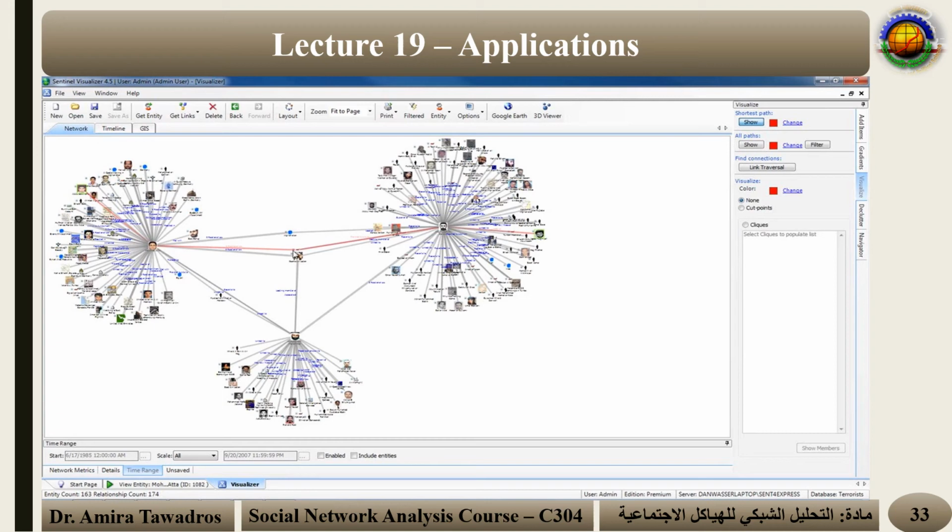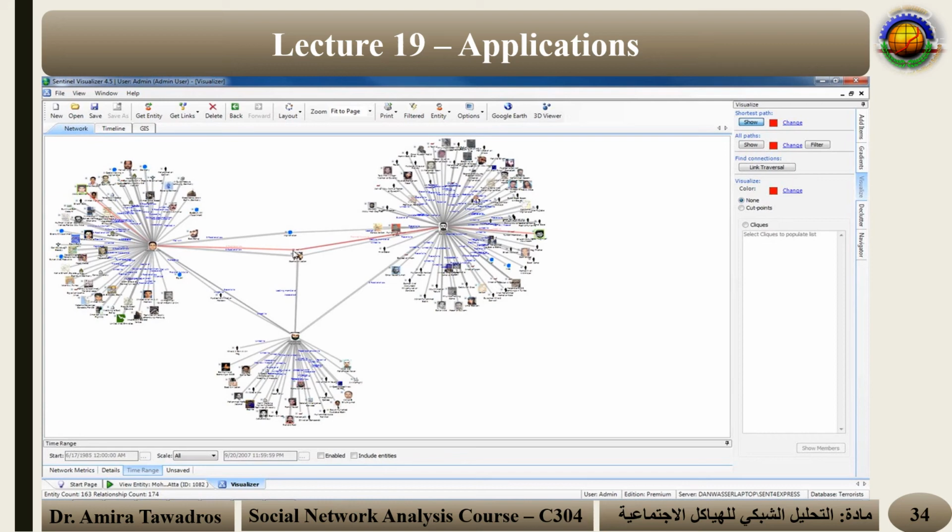If I choose a node here at the left hand side and another node at the other side of the network, and click on the shortest path button, I can see based on this line how I can get from the source node, or the beginner node, to the target node.